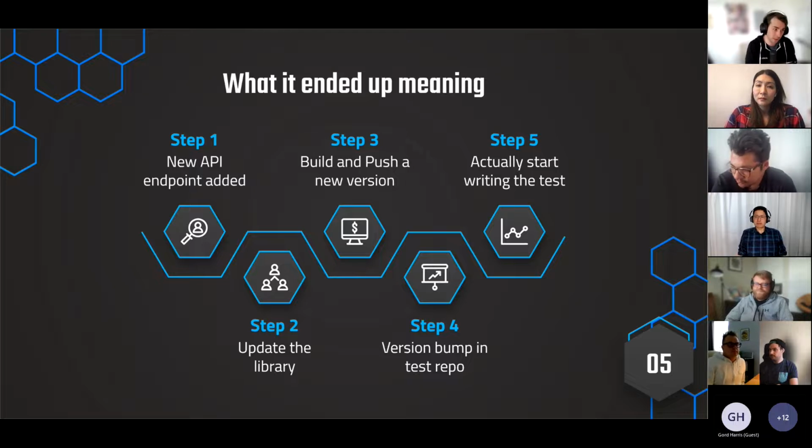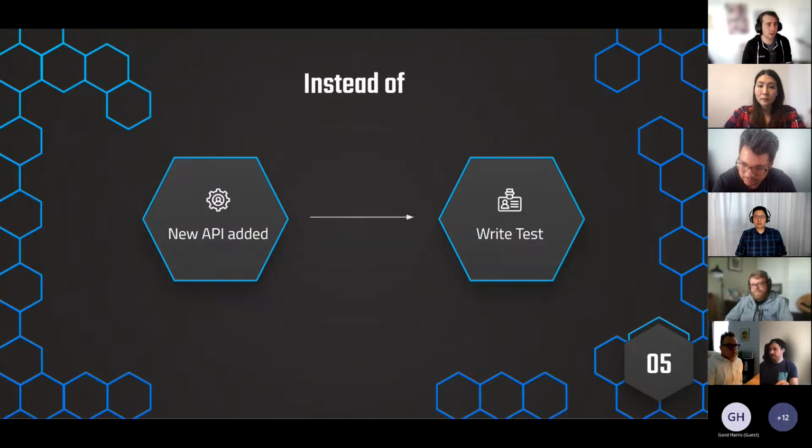There's some internal testing endpoints. So we're keeping it in a private repository. Then we go back to our test repository, bump the version of the library that we're importing, and then do an install to pull it down. And now we can start writing our test. And wouldn't it be easier if you could just have a new API added and then just write the test?